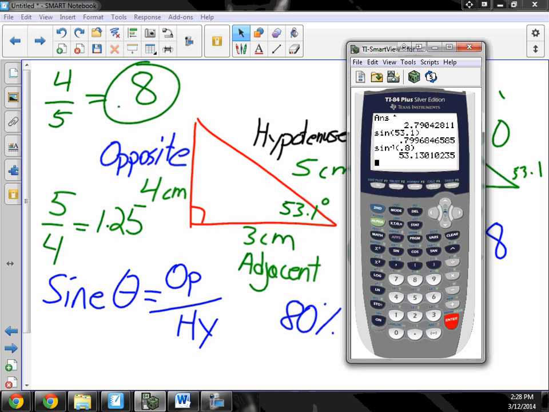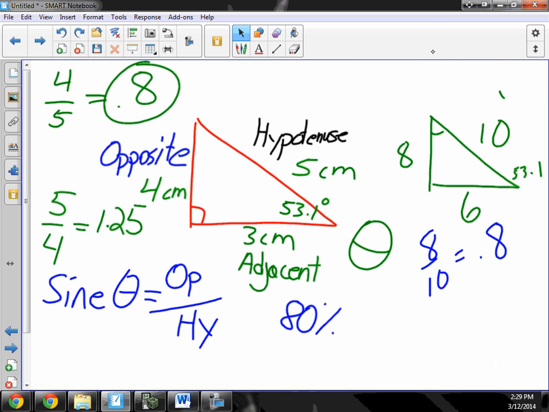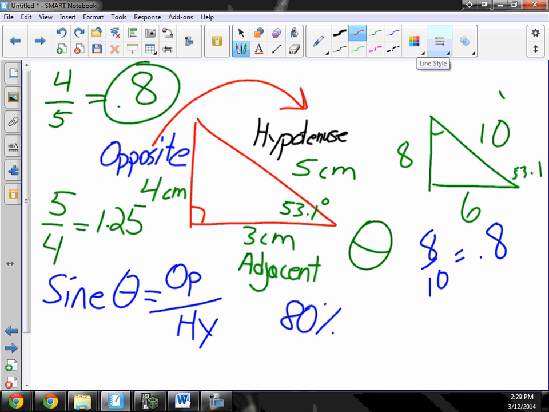Okay? All right, so if I have three sides of a triangle, how many ratios can I create? We just created one, opposite divided by hypotenuse. What other ones do we know? Adjacent over hypotenuse, what's its name? Cosine. What else?